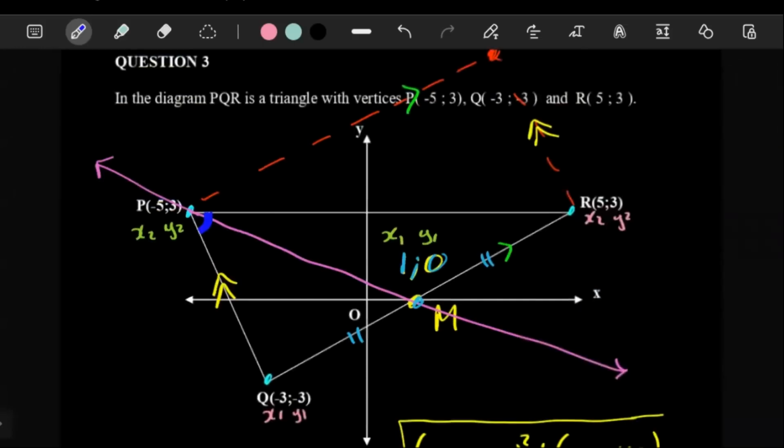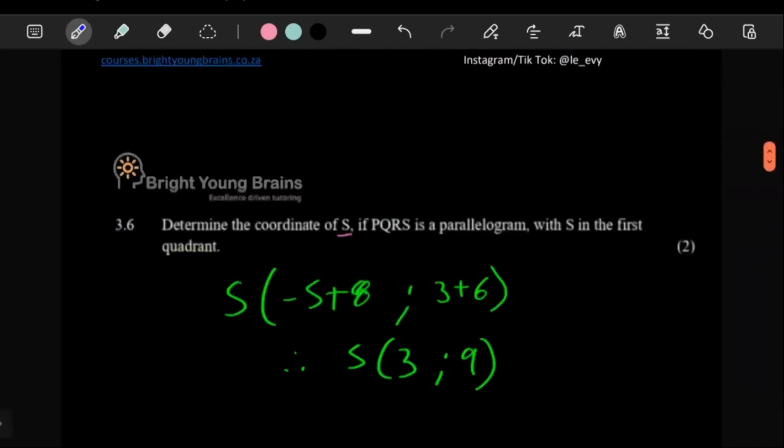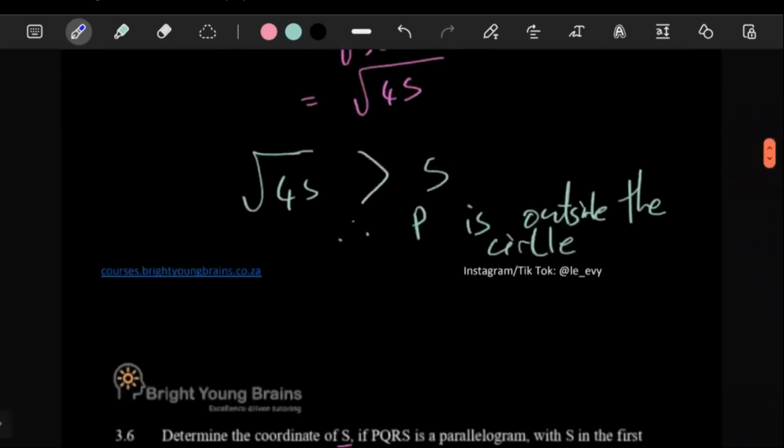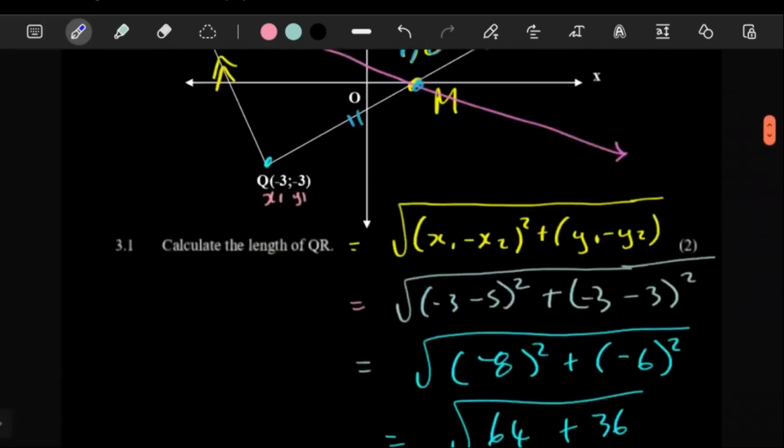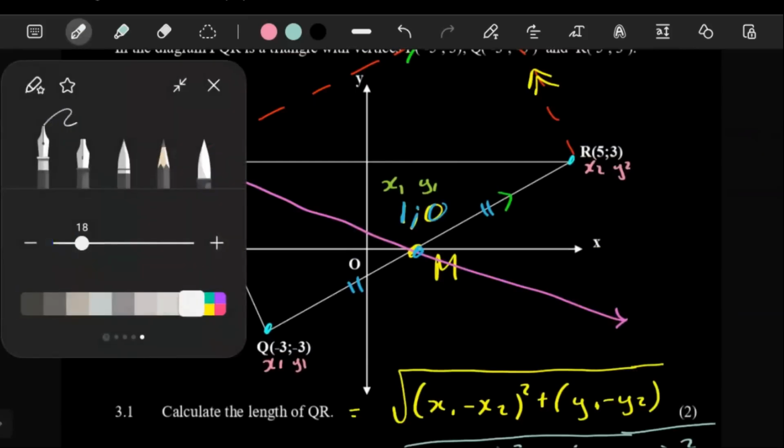We need to be careful, obviously, because how many marks is this question? It is 4 marks, a 4 mark question. So we have to think about it logically, and I just mean we have to be careful.